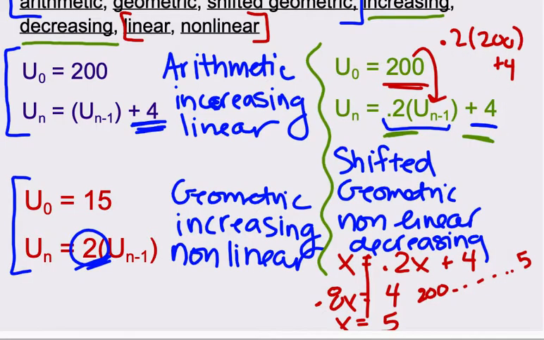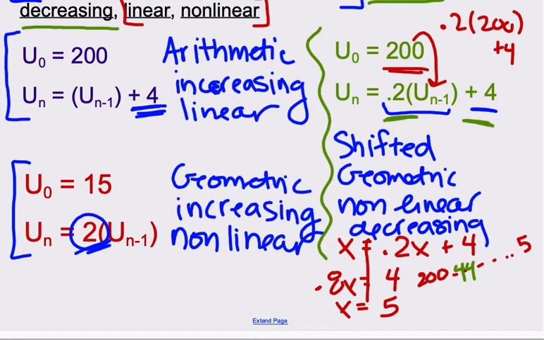So that would tell you that the first term is 200, the second term is already way down to 44. So that would be a way to see that it's decreasing as well. So it'd be up to you if you want to find the second term or the long run value to decide if a shifted geometric is increasing or decreasing.